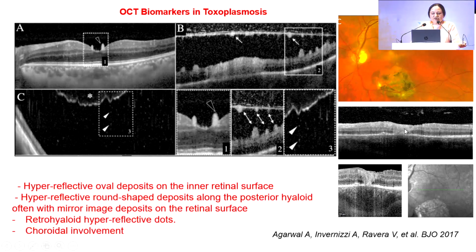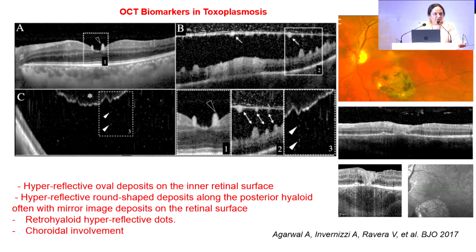And as you see here, this is the involvement of the retina, and toxo invariably involves the choroid along with it, retinochoroiditis. So on OCT, you see retina and choroid both involved.